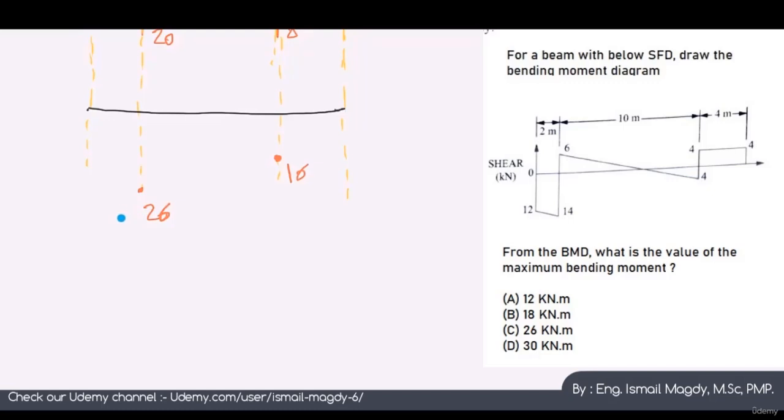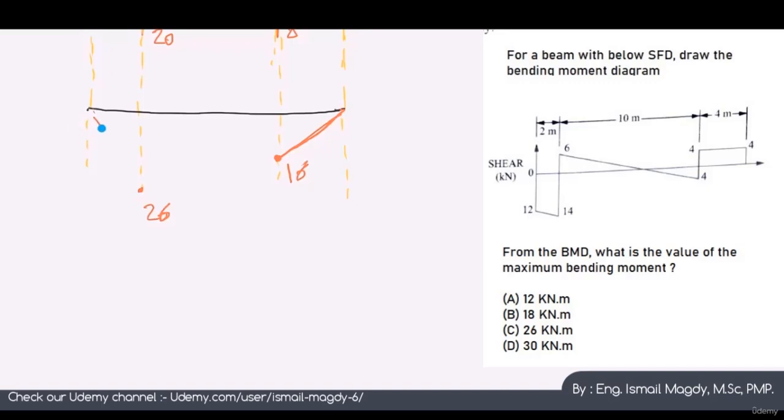We need to connect these points. From here, we have only a concentrated force, so we'll connect by a straight line. But from here, when we want to connect to here, we have a distributed force in the middle. So it means that it will not be a straight line, it will be a parabola, like we learned in our last video.